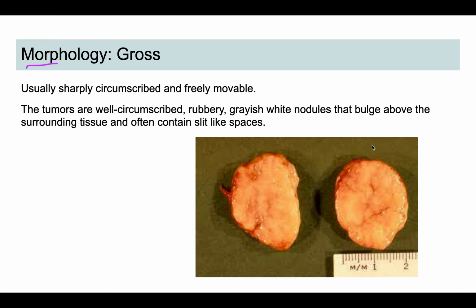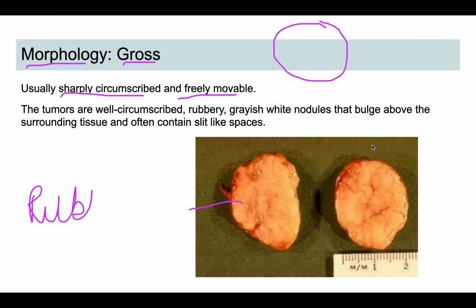Now going to the morphology, if we see grossly, if we receive a specimen of excision of the fibroadenoma, how will it look? It is a sharply circumscribed and freely movable tumor. It is not totally encapsulated, it is well circumscribed, and the feel is rubbery. Why is it rubbery?